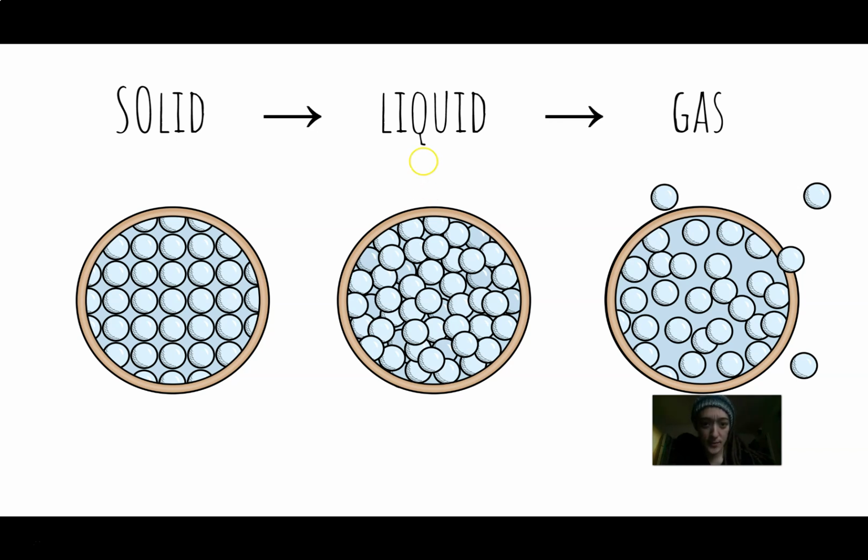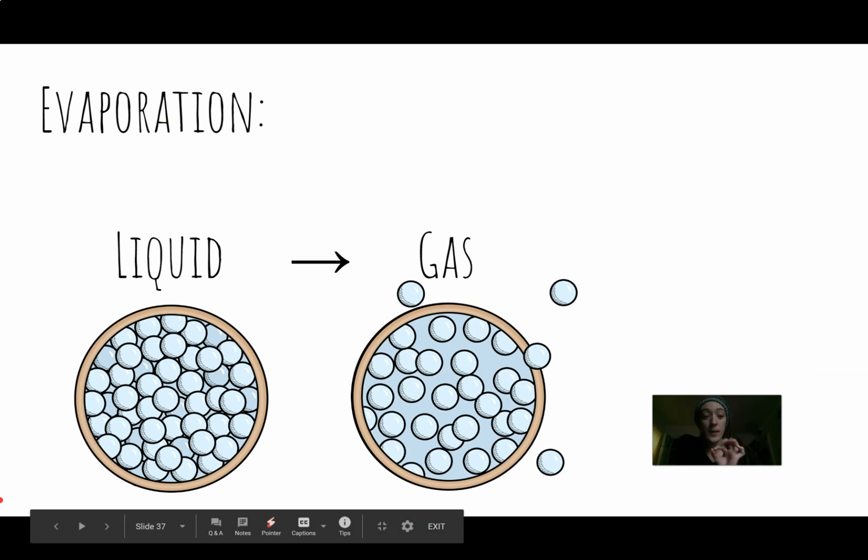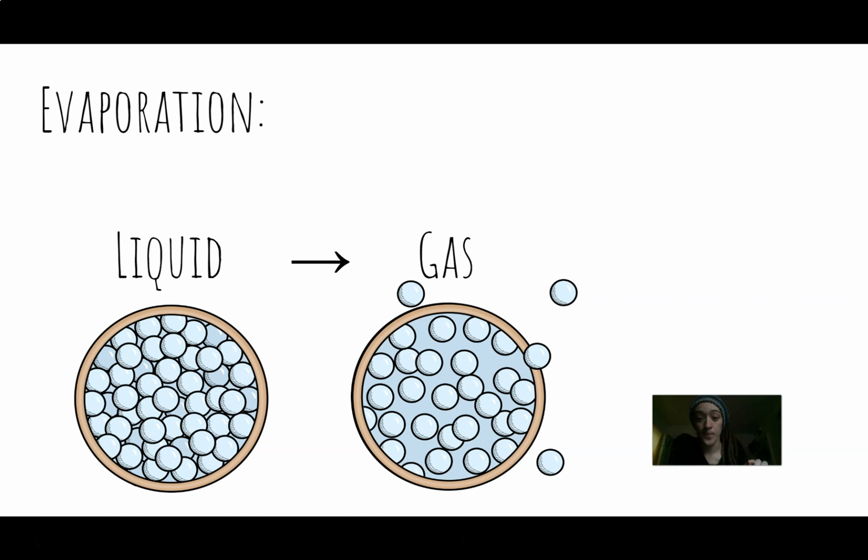So do you see these arrows changing? We're either adding energy or removing energy, going back the other way. Okay, so evaporation is when we go from liquid to gas. That's adding energy to the liquid.